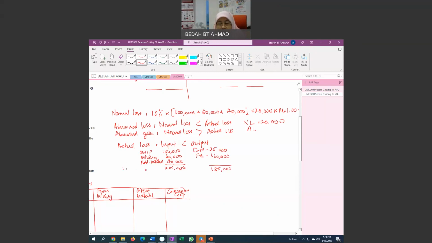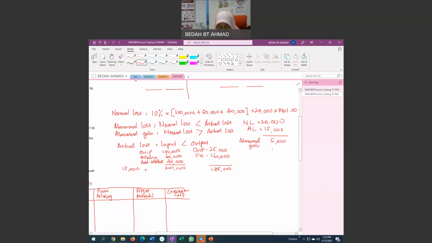Actual loss here is 15,000 units. Then we compare to the normal loss. So we can see that the actual loss is lesser than the normal loss, or vice versa, the normal loss is higher than the actual loss. So that is giving the abnormal gain of 5,000.